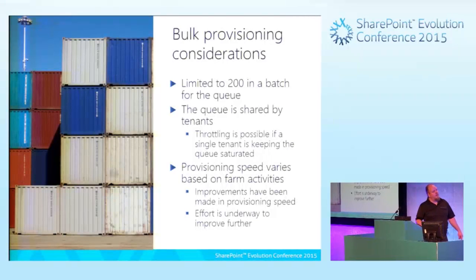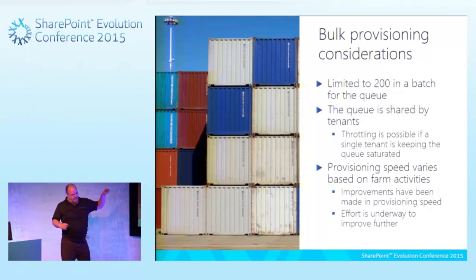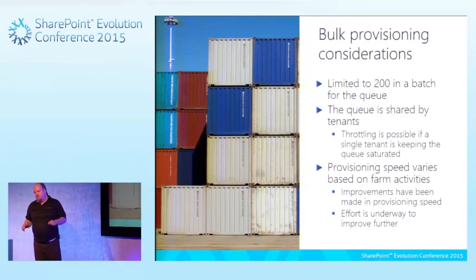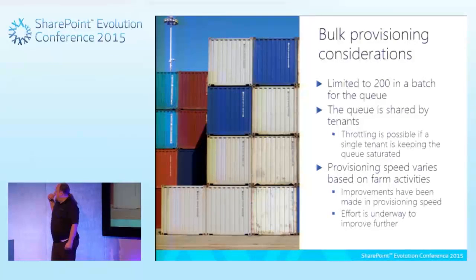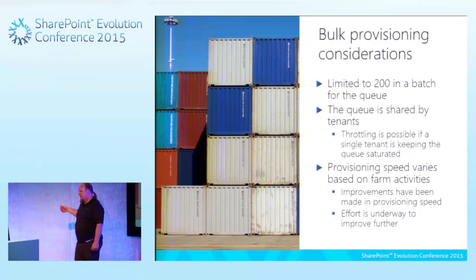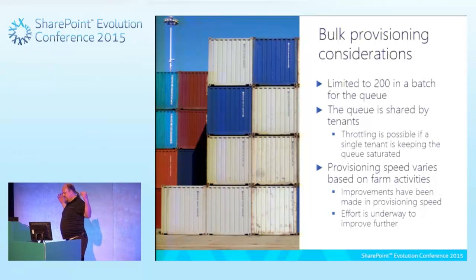The improvements we've seen since we launched SharePoint Online on 2013 to today have been huge, because in the beginning, it could take up to 90 seconds to get a personal site created. In a multi-tenant environment where you have many tenants trying to do it at the same time, the performance was just awful.